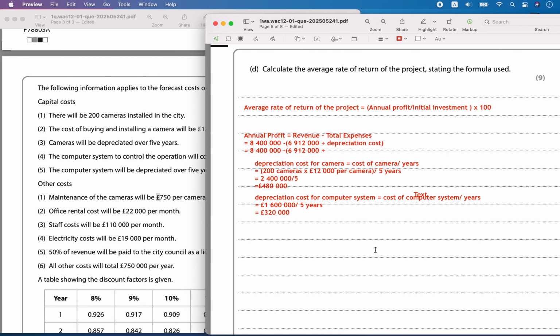Now we calculate the total depreciation cost. That is going to be equal to 480,000 pounds plus 320,000, which is 800,000 pounds.